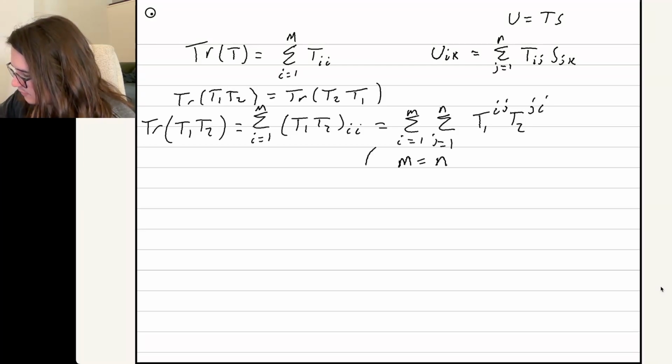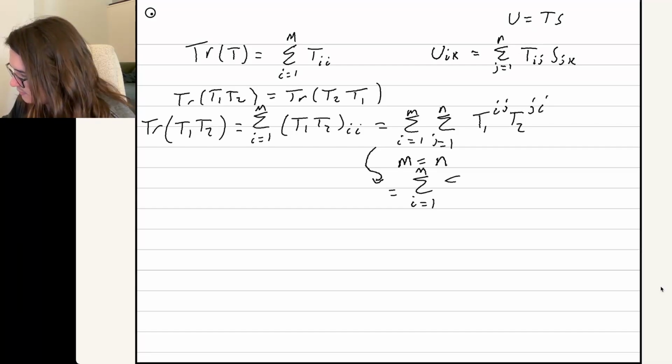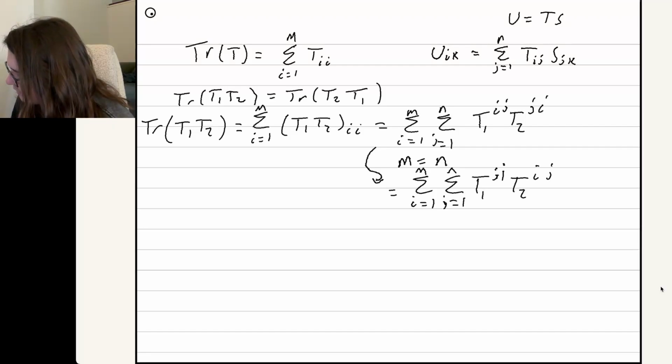So this is equivalent to saying that it's equal to the sum over i equals 1 to m, sum over j equals 1 to n, of T1_ij T2_ji. And if you rearrange that to look more like the original matrix multiplication formula, it looks like T2_ji, T1_ij. No, T1_ji is what I meant.